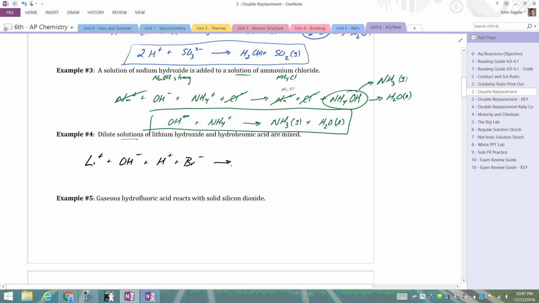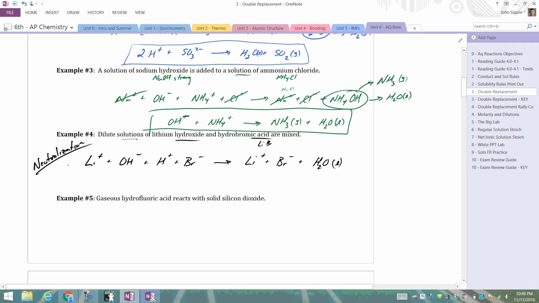So what are our products? Well, we make lithium bromide, LiBr, and we know that's soluble. And H2O. You have a base and an acid, hydroxide, so this is a special type of double replacement.